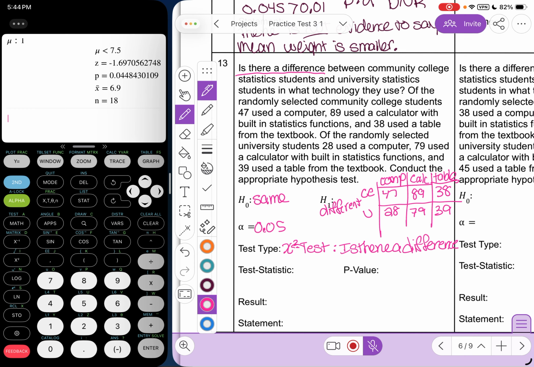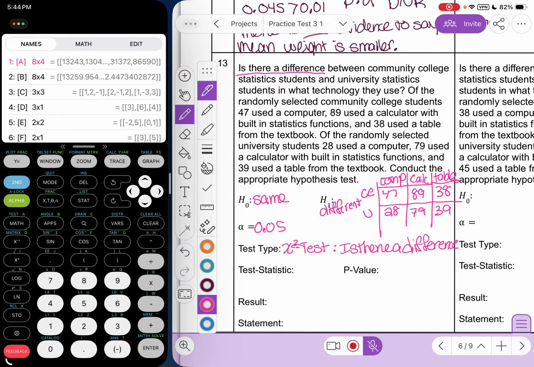So now we need to put this in a matrix. Where I drew this, I could just say for the calculator, I could put matrix, or I could put community college row 1, university row 2, something like that. I could put matrix 2 by 3, just something to tell me that you knew you did a matrix.